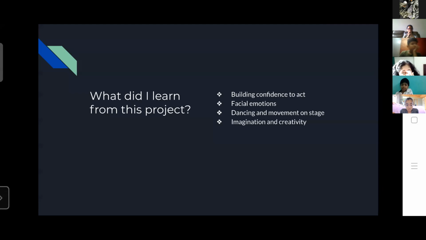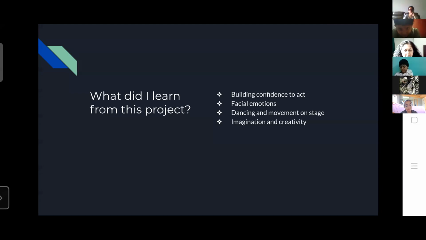In this project, I learned building confidence to act, facial emotions, dancing, and movement on the stage. And last is imagination and creativity.